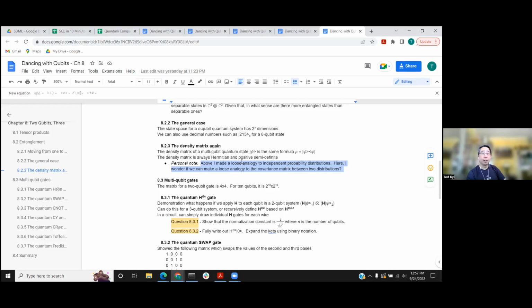And likewise here, if you have a density matrix with zeros off diagonal, then basically you have a pure state, I believe. But as soon as you have other things, that means there's a level of dependence between these 2 probability distributions. Again, I'm not sure if this is a perfect analogy, but I feel like the idea here is just to get some intuition that you have either a pure state or more of a mixed state with this density matrix.